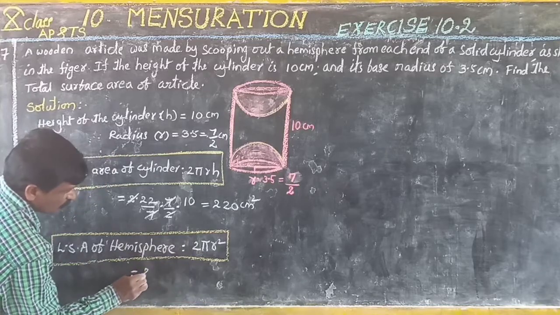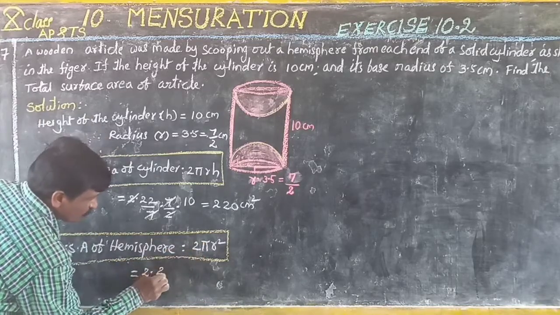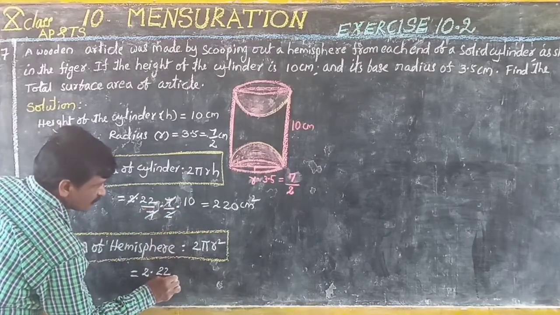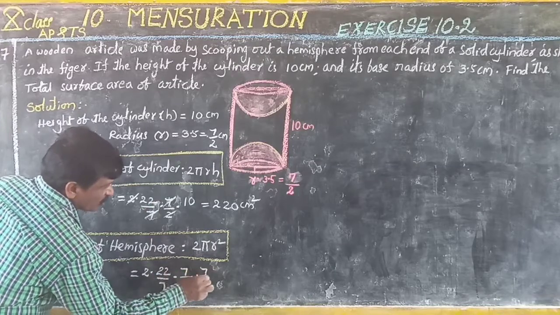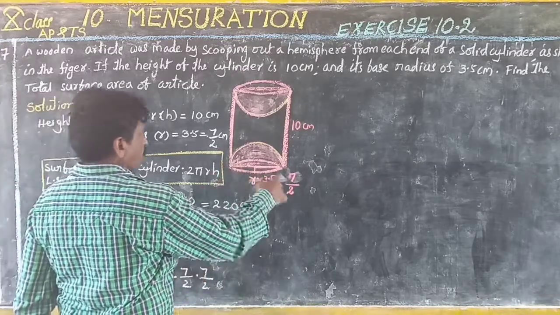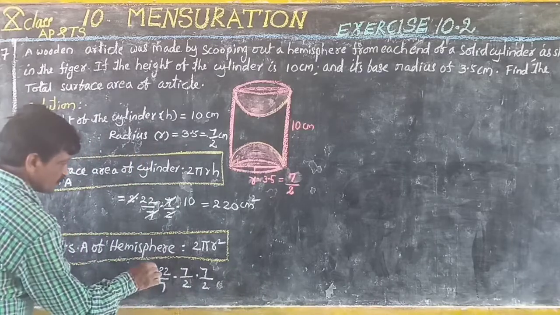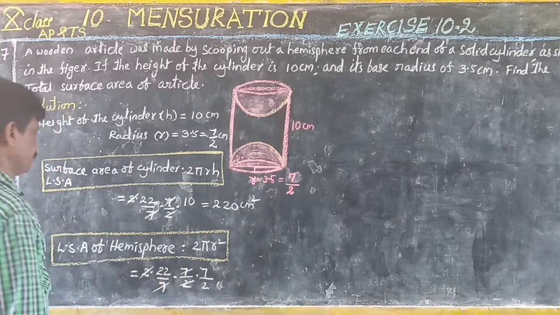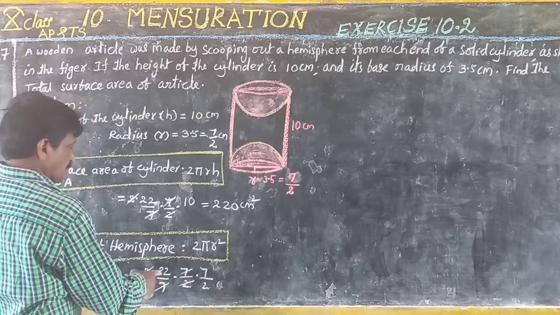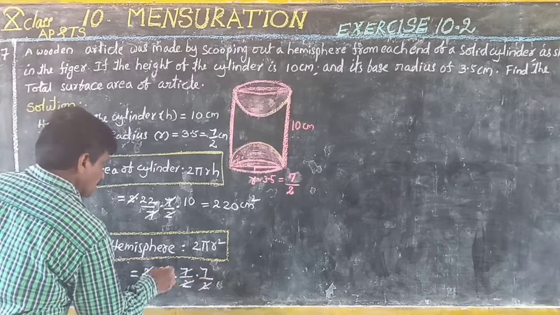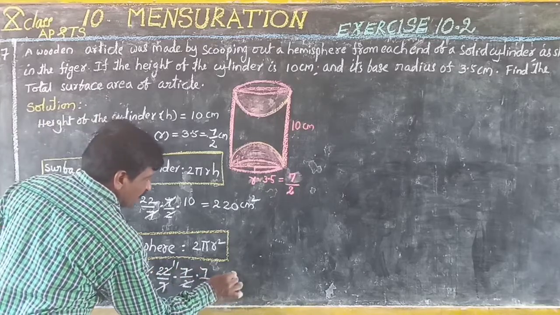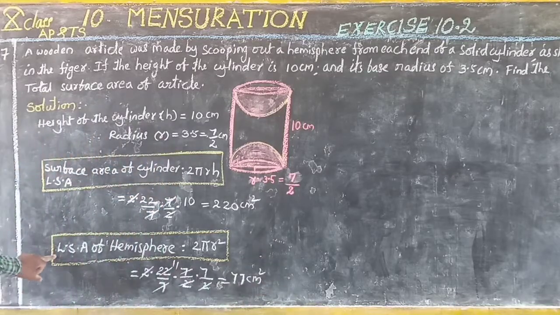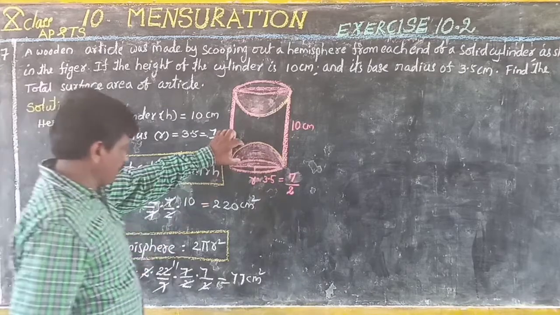So 2 pi means 22 by 7, r means 7 by 2 into 7 by 2. 2 on the 2, 7 on the 7, so 22, 2 on the 2, 11. 11 into 7 is 77 centimeters square. One surface area of the hemisphere is 77.